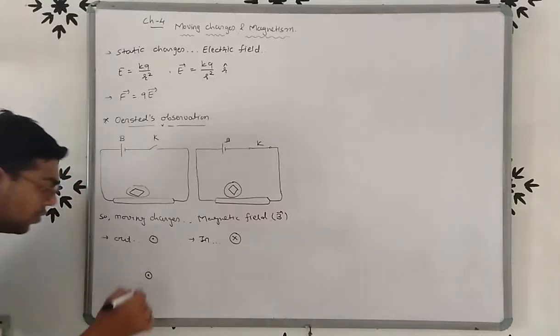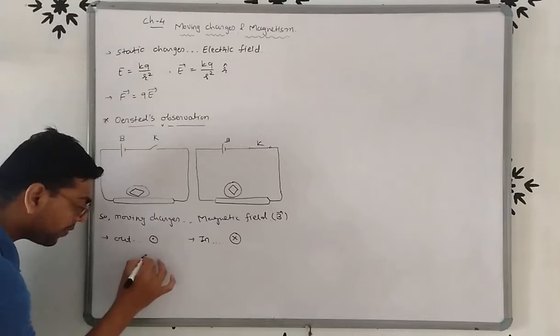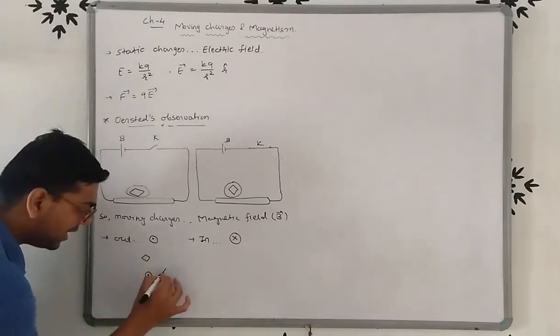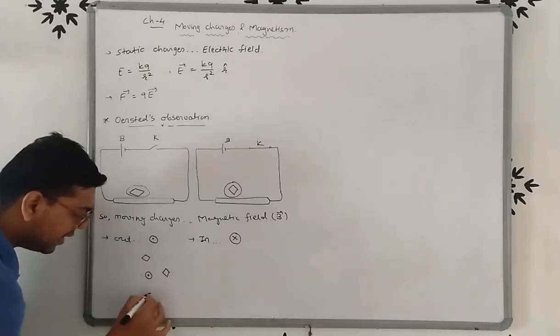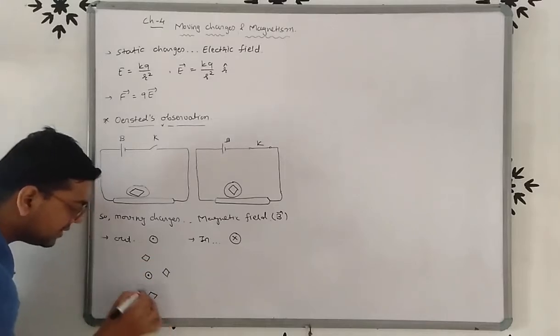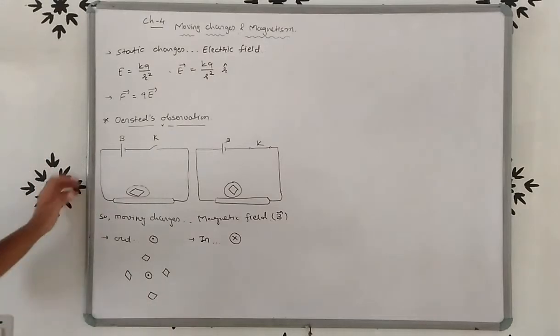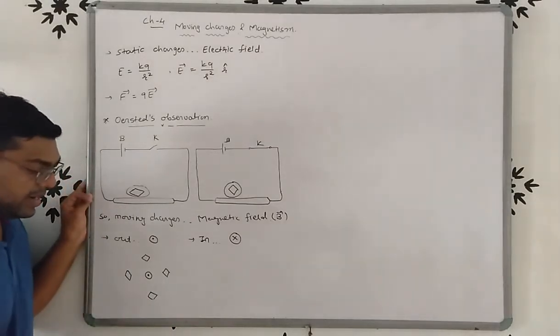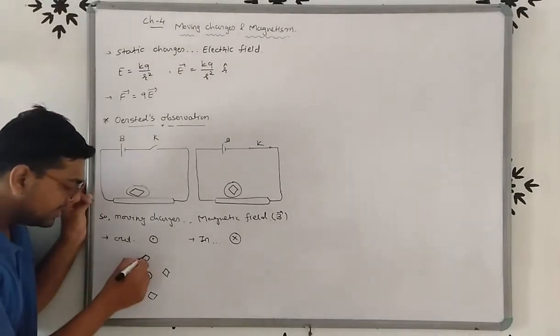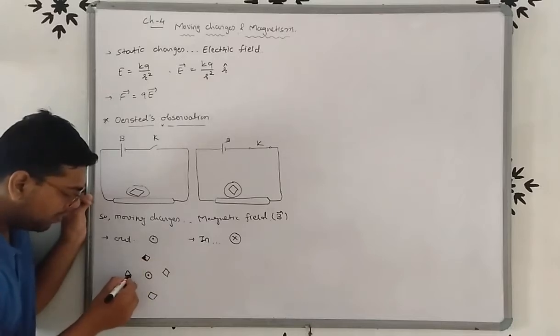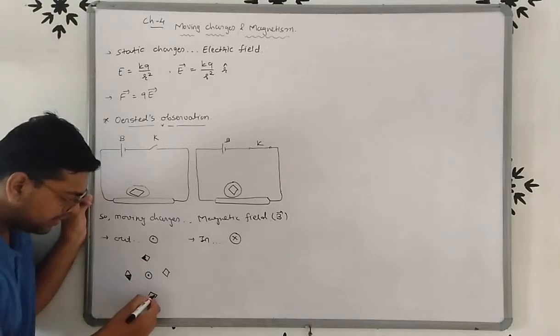Now if you put the magnetic needle around this conducting wire, then the magnetic needle is arranged like this. This is the N pole.